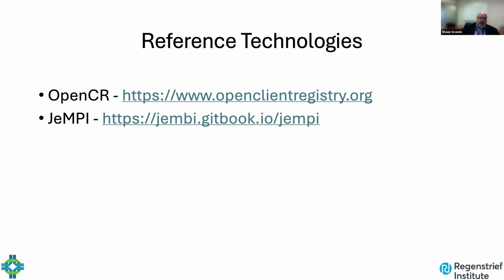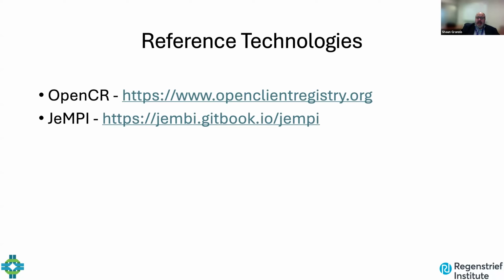I know that GemPI is doing some implementations, I believe, in Kenya right now, and they've actually recently done a presentation through our data use community regarding that work as well. OpenCR has been implemented in a variety of locations as well. So these are 2 examples. There are other examples that you can look at on the website itself.